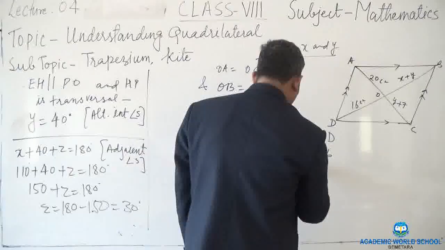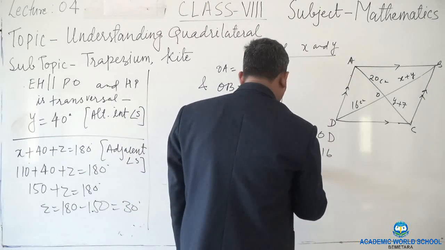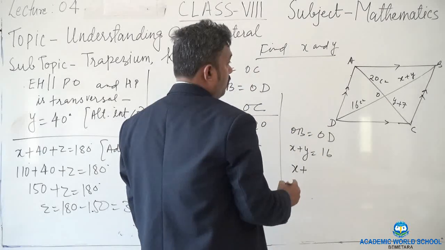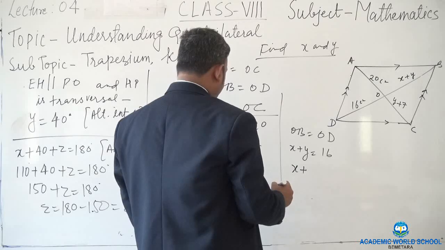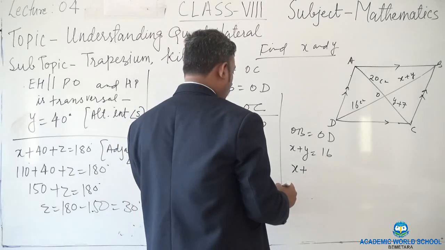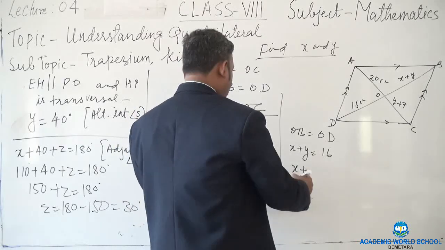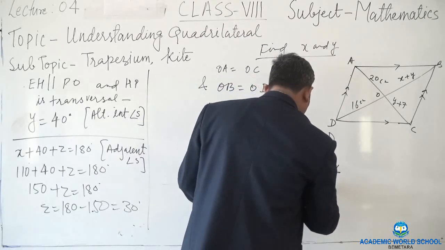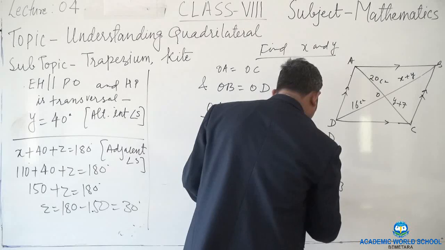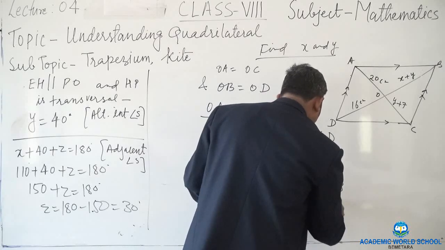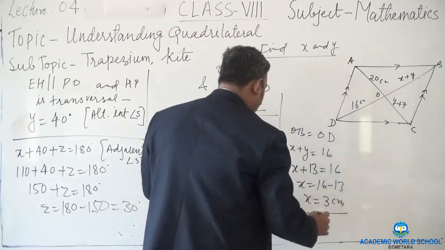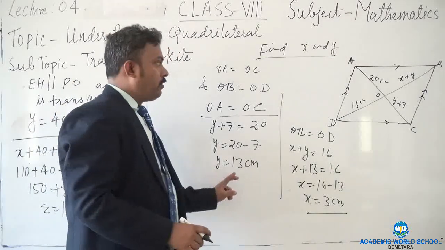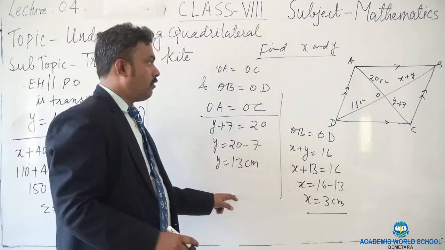So x plus 13 equal to 16. So x equal to 16 minus 13, x equal to 3 centimeter, right? So x equal to 3 centimeter, y equal to 13 centimeter.